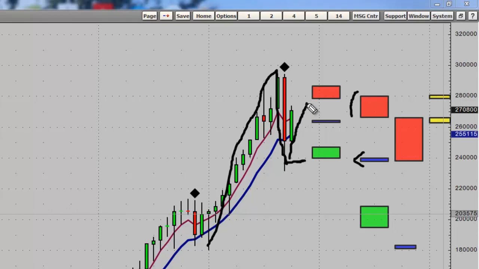If the selling pressure is around, it should find resistance up here and should at least have a bit of a retest, and you'd expect it to even just get back to maybe the buy zone of that quarterly pivot.